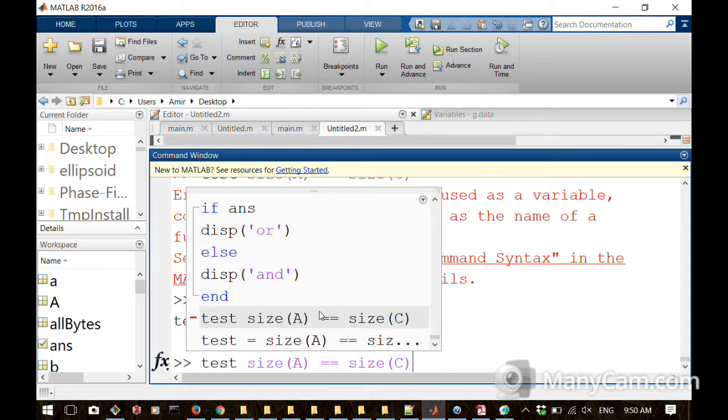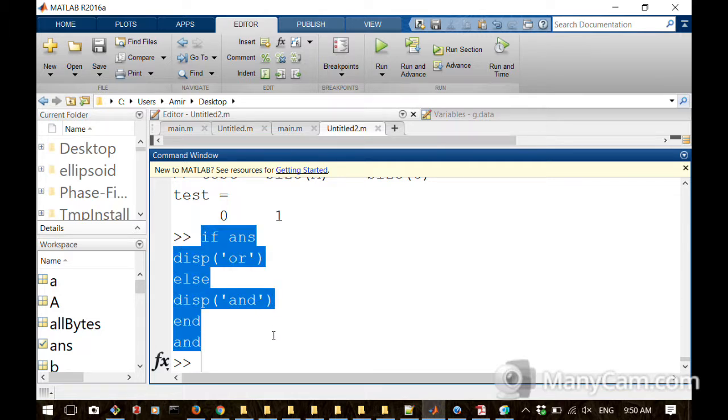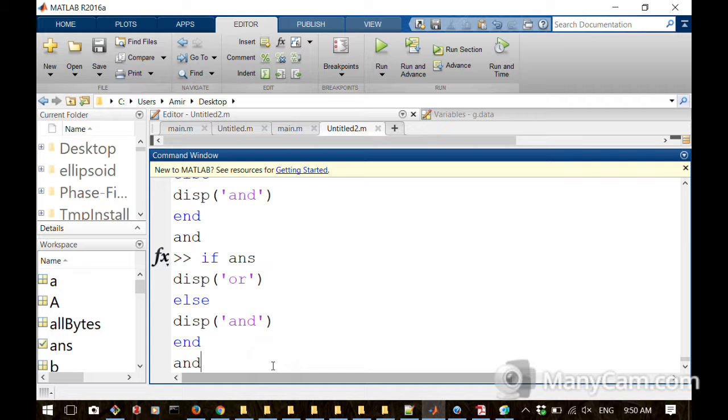Now if I write an if block like this, instead of answer, I have to change this to test. Now, the value of test is 0 and 1.